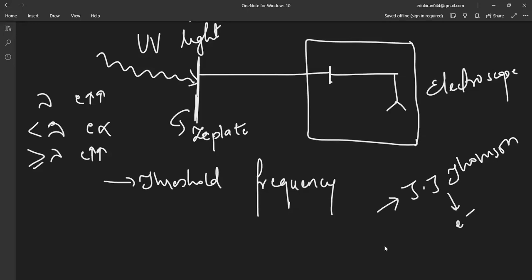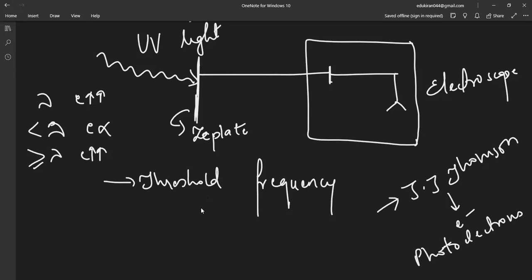And at that time these were termed photoelectrons, because this experiment was also going hand in hand. So when the threshold frequency definition was given, the current was termed the photoelectric current, the electrons were termed photoelectrons, and the entire process was termed the photoelectric effect, photoelectric emission.